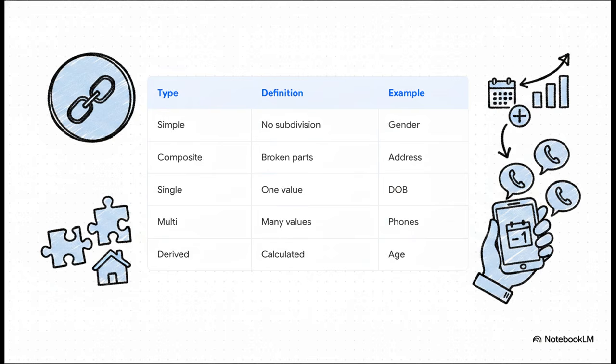We have simple attributes, like a student number that you just can't break down, composite attributes, like an address, that neatly branch into a hierarchy, single-valued attributes, like date of birth, that lock an entity to one strict value, multi-valued attributes, like phone numbers, that give us flexibility for a bunch of values, and, of course, derived attributes, like age, which cleverly calculate data on the fly. This table right here, this is your foundational key to translating real-world chaos into a highly logical database schema.